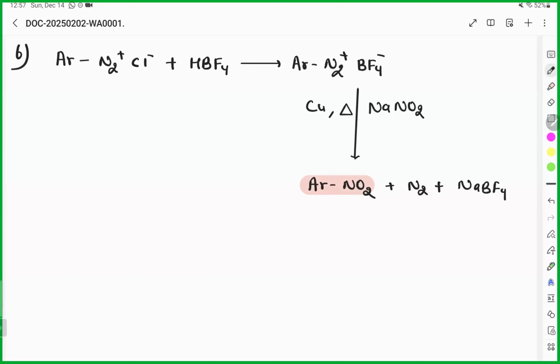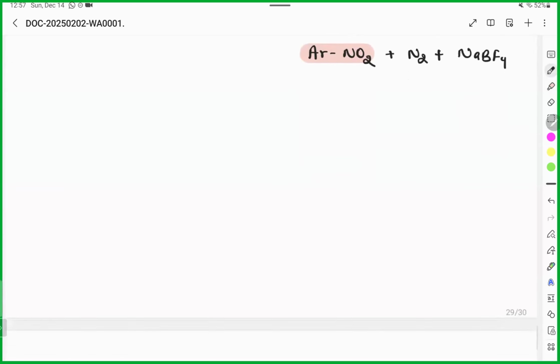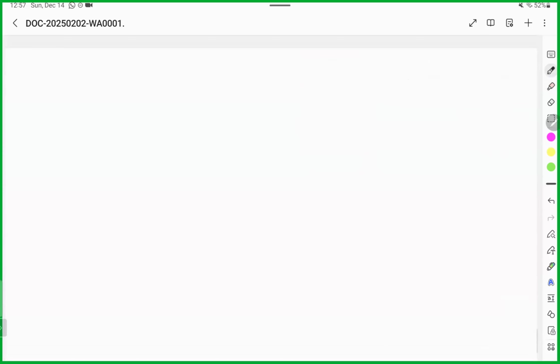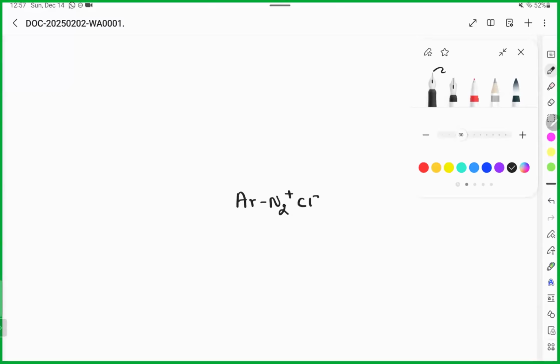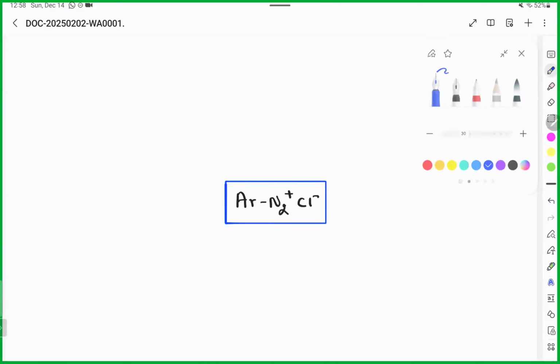So all these 6 reactions were really, really important. That's why you should make a proper summary of this. If you have diazonium salt, ArN2 positive, and let's take Cl negative. So this is what you have. Now there are many possibilities from this.